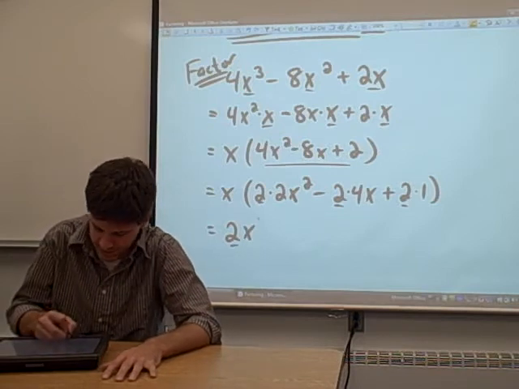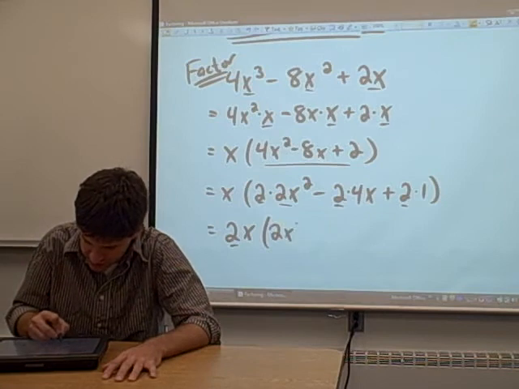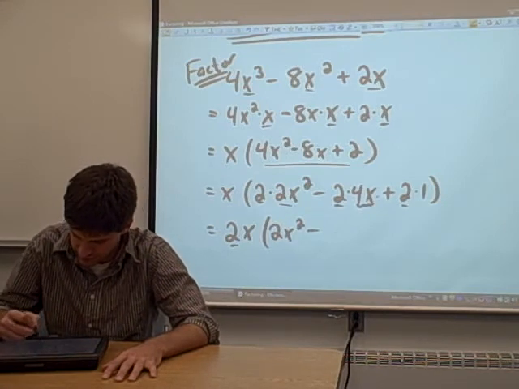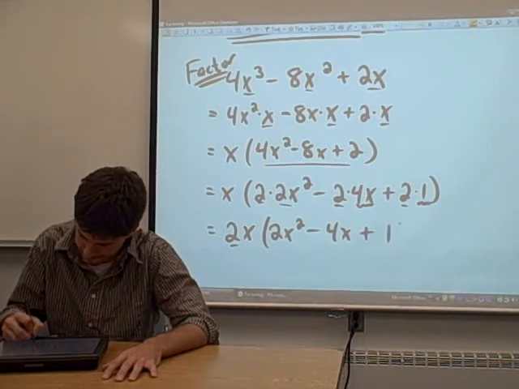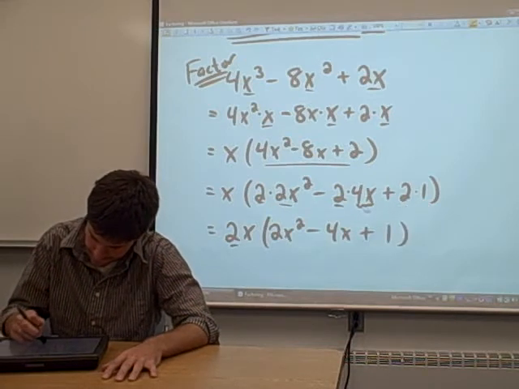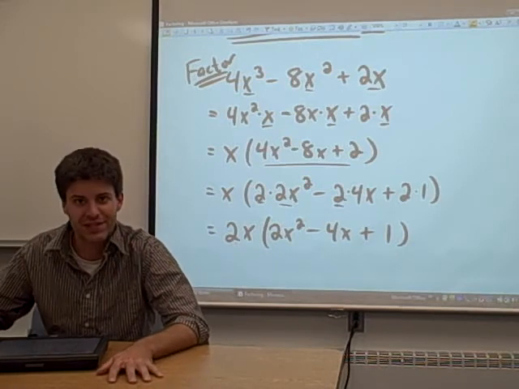I'll put it right there. Then what we're left with in the parentheses is 2x squared minus 4x plus 1. Great, that's your answer. If that's what you got, good job.